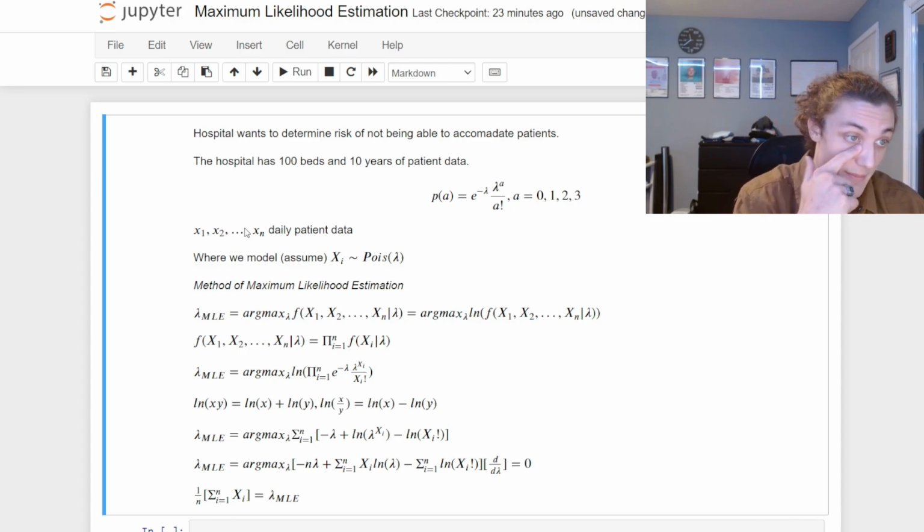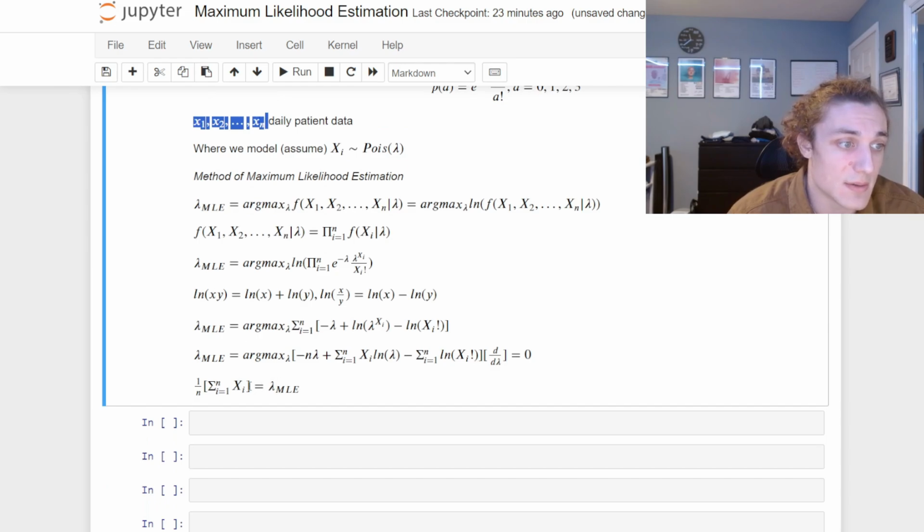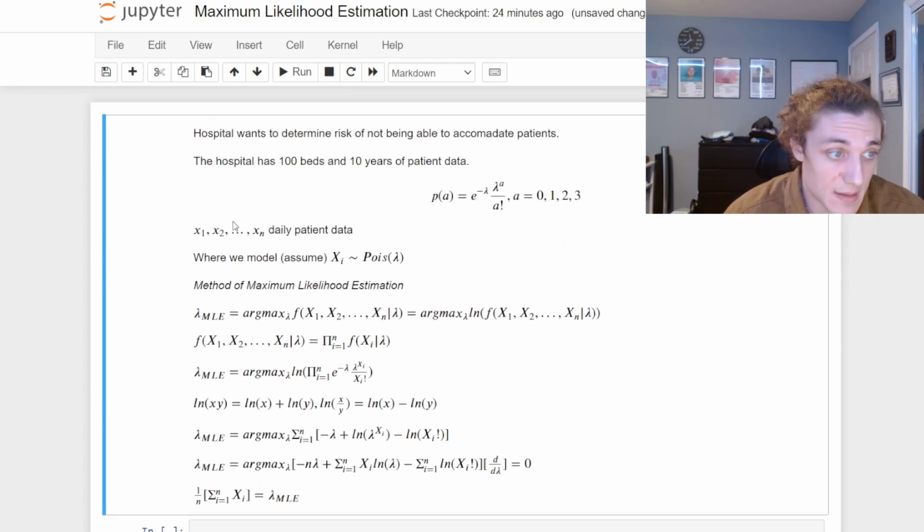Should I use an average? Should I use a max, a min? What function should I use to construct the estimate for lambda based on this data? Well, the MLE says to use the sample mean, or pretty much just take the mean, the expectation of your data, and use that as an estimate for lambda.